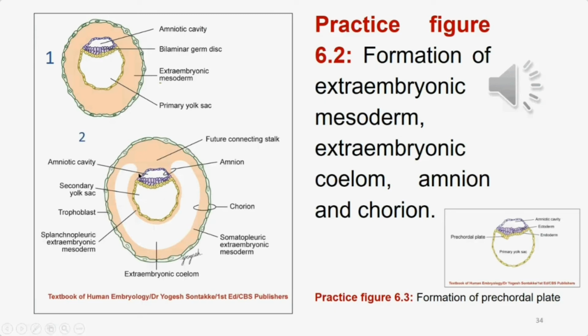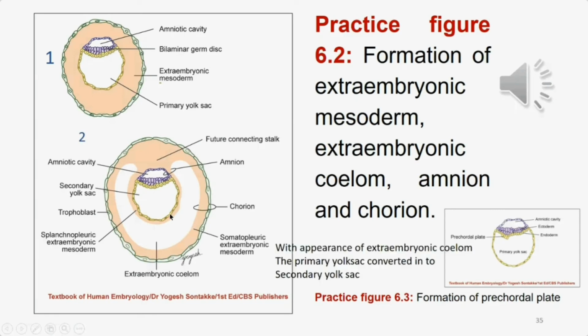Now the part of the mesoderm that lies on the yolk sac is known as the splanchnopleuric extra-embryonic mesoderm, also known as the visceral layer of the extra-embryonic mesoderm. The somatopleuric extra-embryonic mesoderm extends up to the amniotic cavity, and the part that lies on the yolk sac cavity is the splanchnopleuric layer.